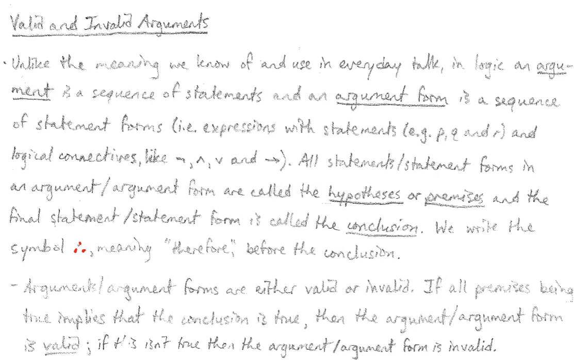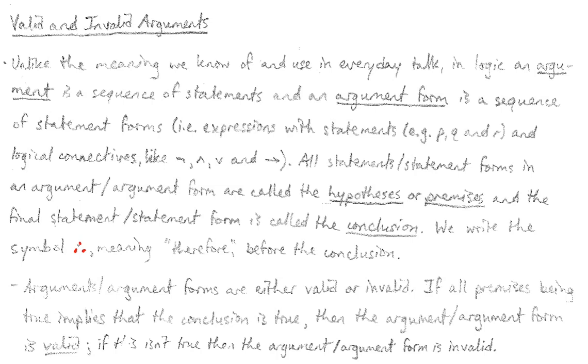Now, arguments or argument forms are either valid or invalid. So what does it mean for an argument to be valid, or how do we know when an argument is valid? If all of your premises being true implies that the conclusion is true, then the argument or argument form is considered to be valid.